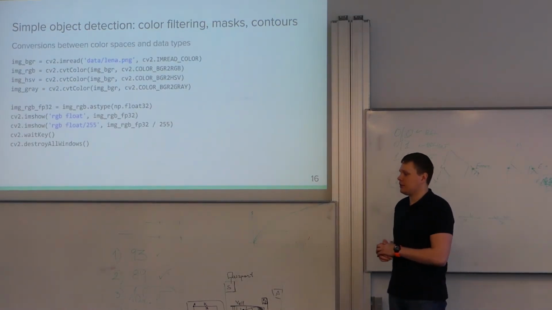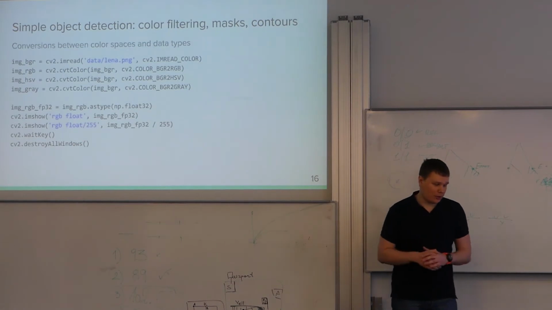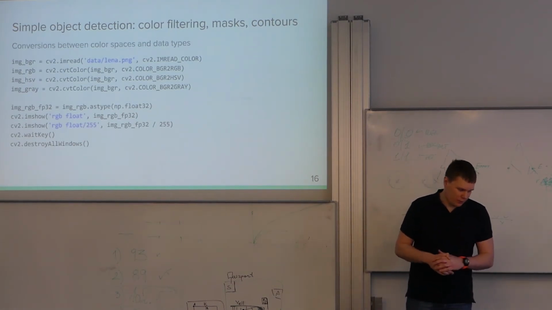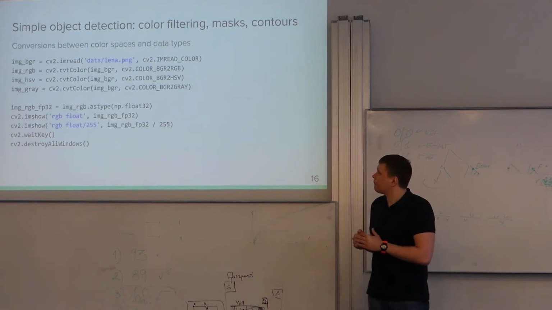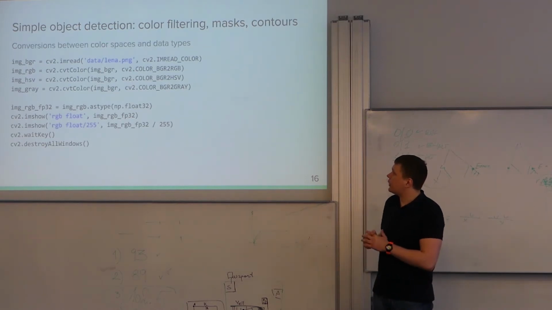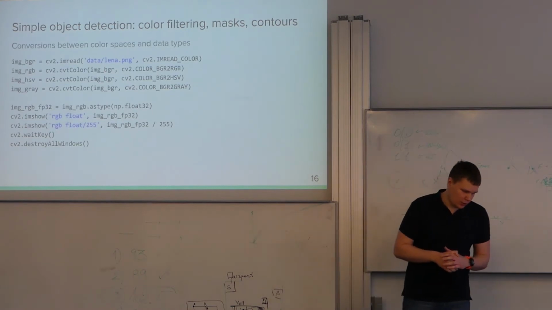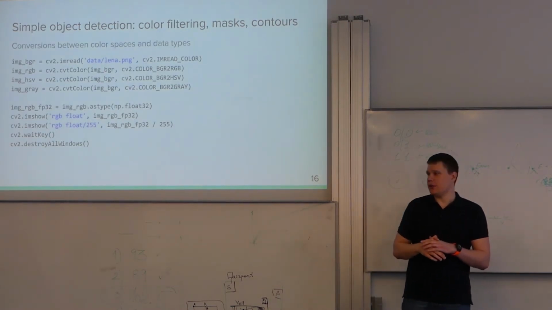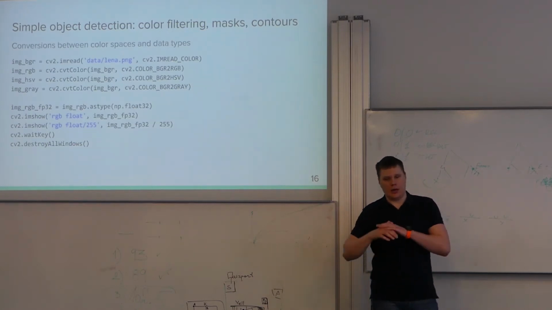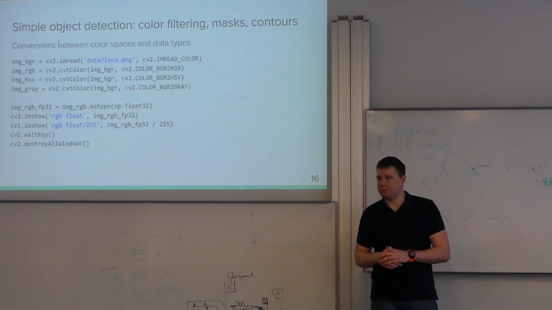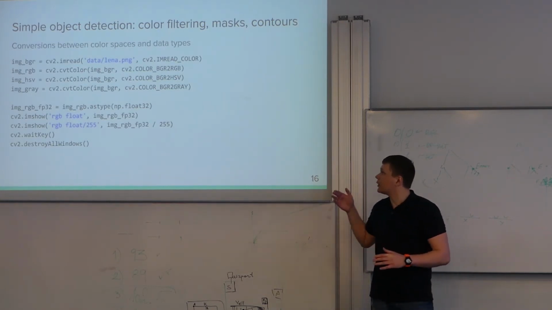Now we are ready to talk about some more advanced stuff. Let's start with color conversion. As I said, images are loaded in BGR format, but OpenCV allows us to convert the image to other color formats.